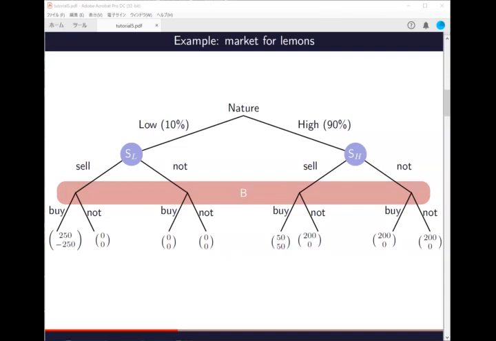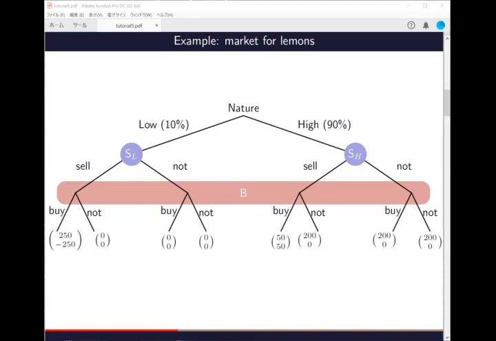This game can also be written in the game tree shown on the slide. First, nature chooses whether the quality of the used item is low or high. Unlike the normal player, nature decides low or high randomly according to the given probabilities. These choices made by nature are called types.